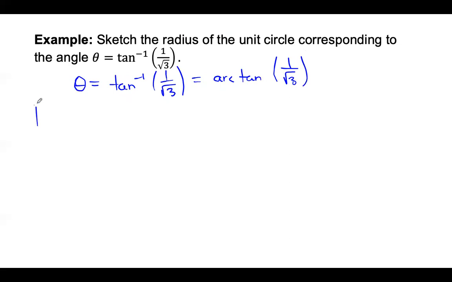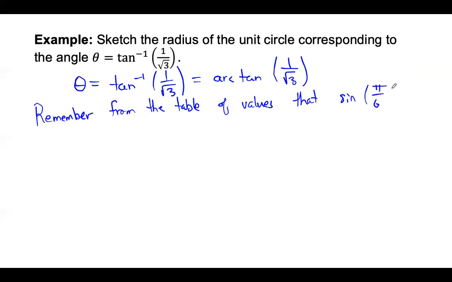We can remember from the table of values that sine of pi divided by 6 is equal to 1/2, and cos of pi divided by 6 is equal to square root of 3 divided by 2.